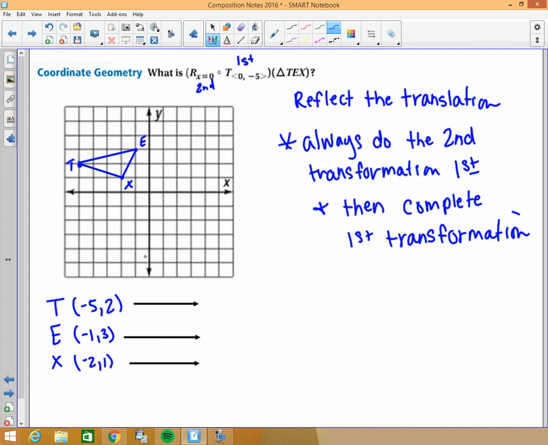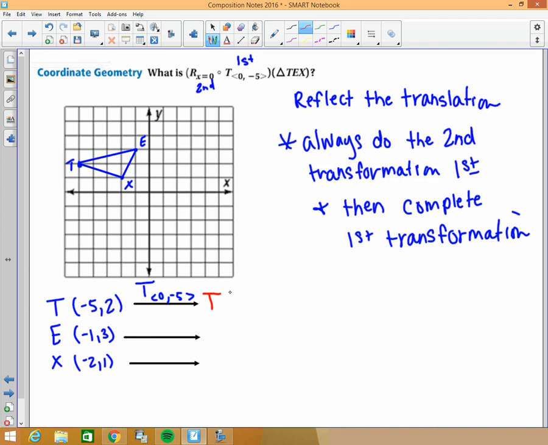So the first thing we're going to do is translate, and we're going to translate +0 to x and -5 to y. So a capital T, I'll put that rule or notation right there. And so then I'll say, what are my next points going to be?